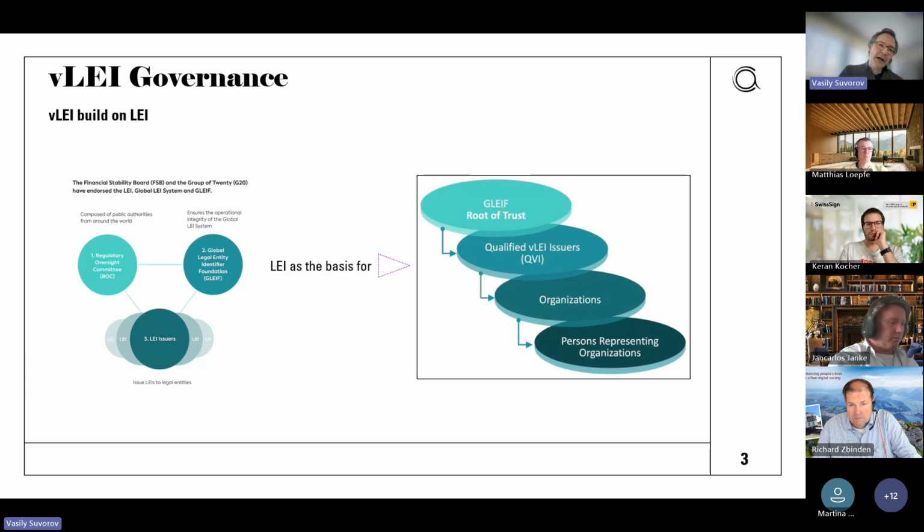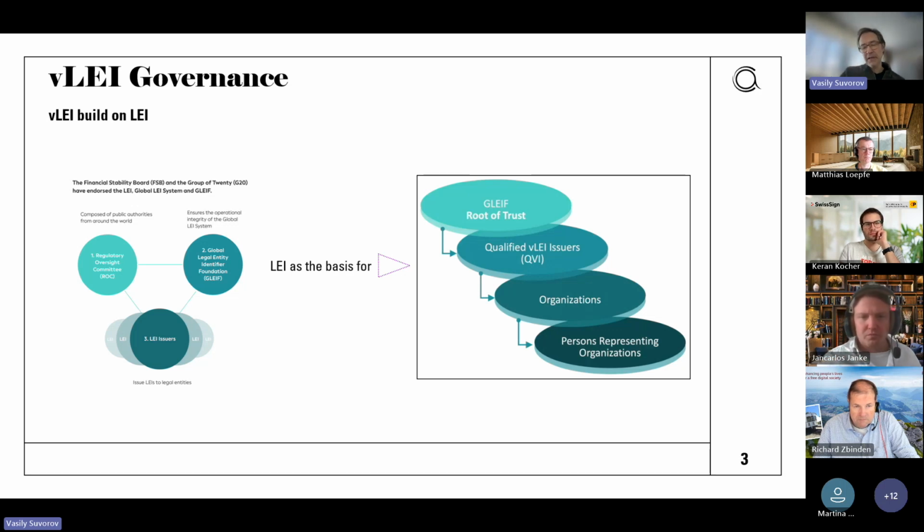With verifiable LEI, you basically have a few key elements such as the root of trust and the qualified vLEI issuers, or QVIs. We need to all get used to all kinds of acronyms in this session. Then you have organizations, and then you have persons representing organizations.